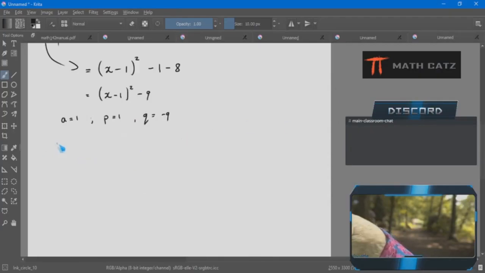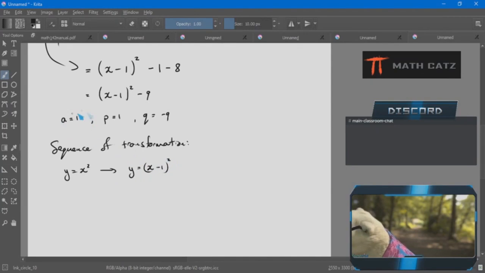Now I'm not going to do the whole thing here. I'm going to do my sequence of transformations without the graph. It's going to start with y equals x squared. It's going to go to y equals (x minus 1) squared, because there is no significant a to really look at.